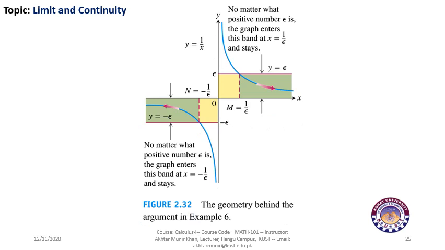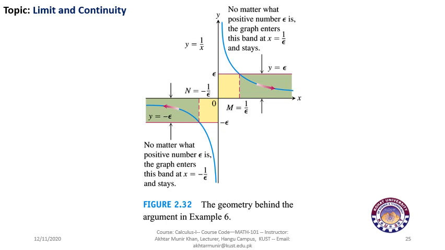Now we are trying to understand the previous definitions using this geometric interpretation. Suppose we have y equals epsilon. No matter what positive epsilon is, the graph enters this band at x equals 1 over epsilon and stays within this rectangular box.